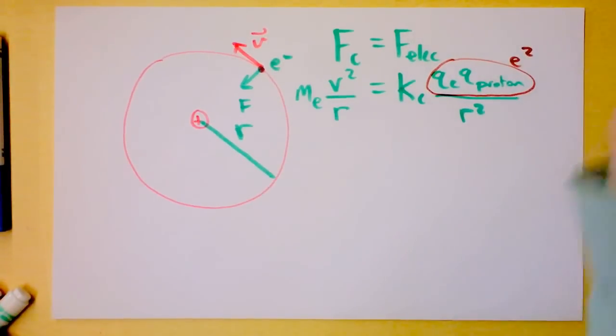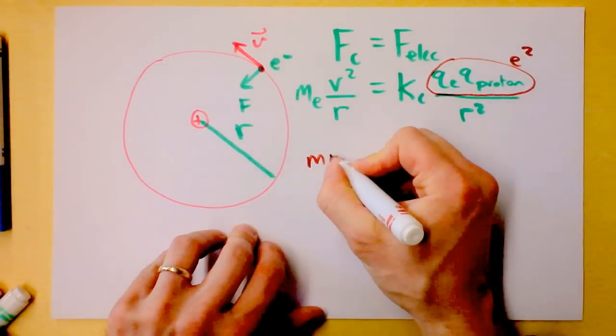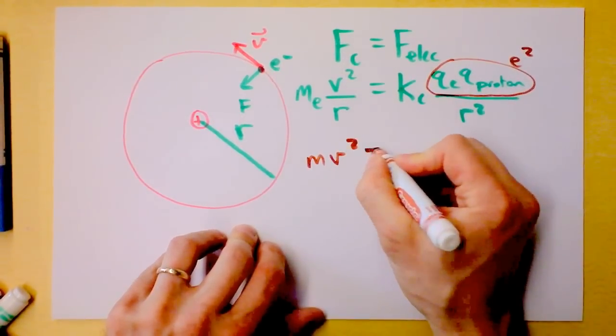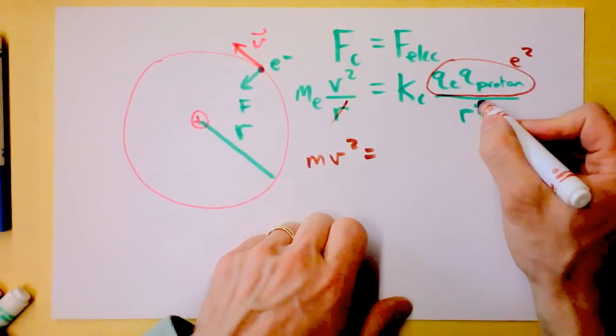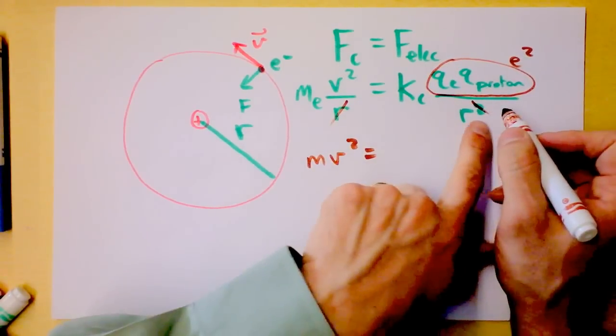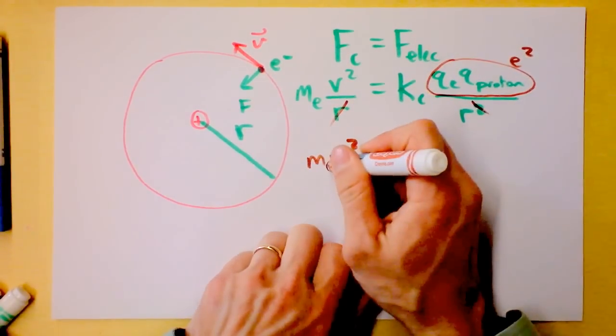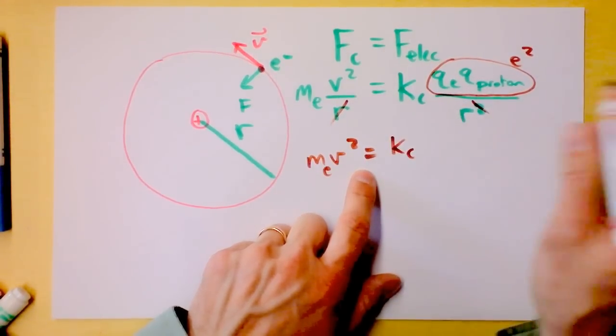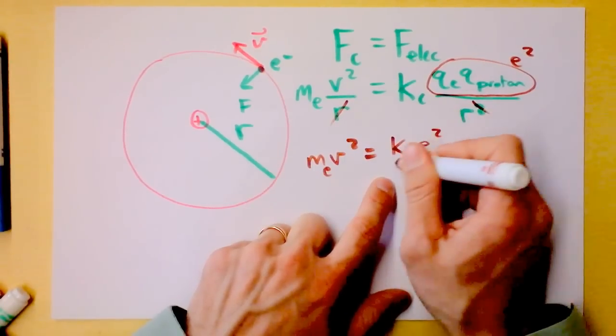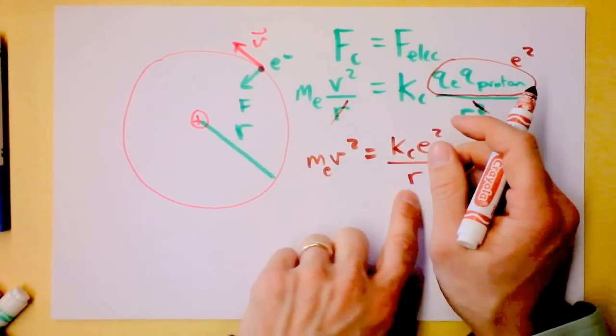And I'm going to solve this equation for m times v squared. So here we go. Wait a second, I can cancel out this and that. Cancel out the square right there. And this is the mass of the electron, right? I'm going to find it equal to k_c times e squared over r. Is that right?